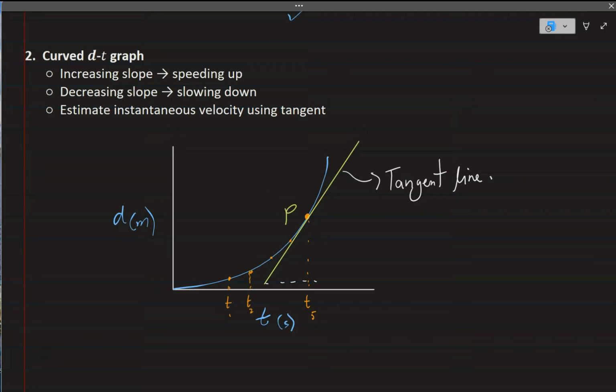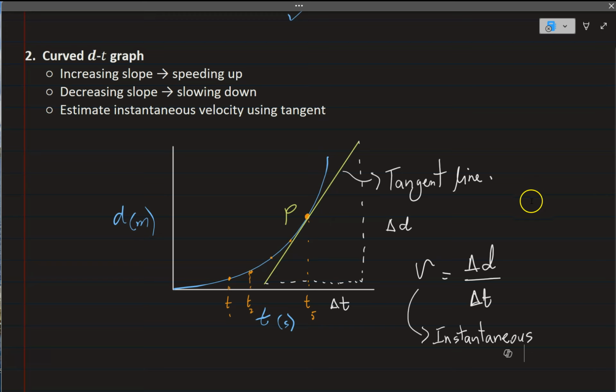So you do the rise over run. This would be delta d, and this would be delta t. The slope of this graph again will be the velocity, but we call this velocity an instantaneous velocity. And what does that mean? Why do you call them instantaneous?